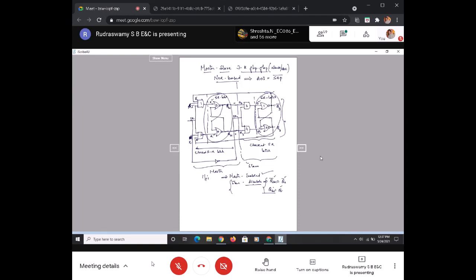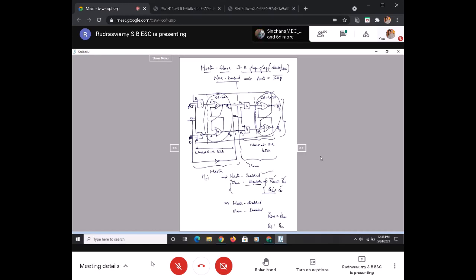Similarly, when master is disabled, slave will be enabled, and QS(n+1) will be simply QM(n+1), and QS will be simply QM, that's it.